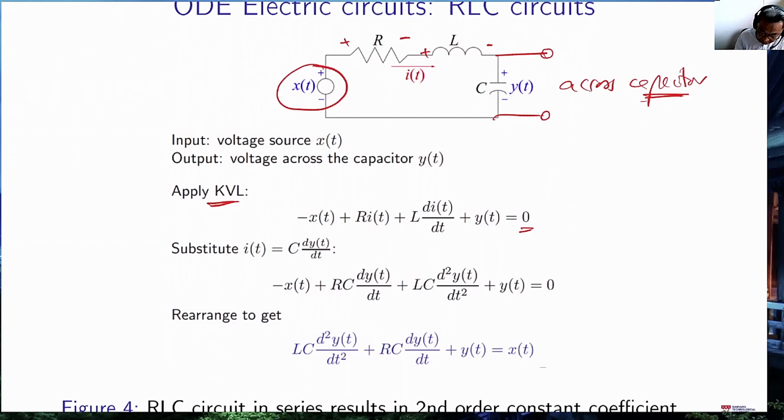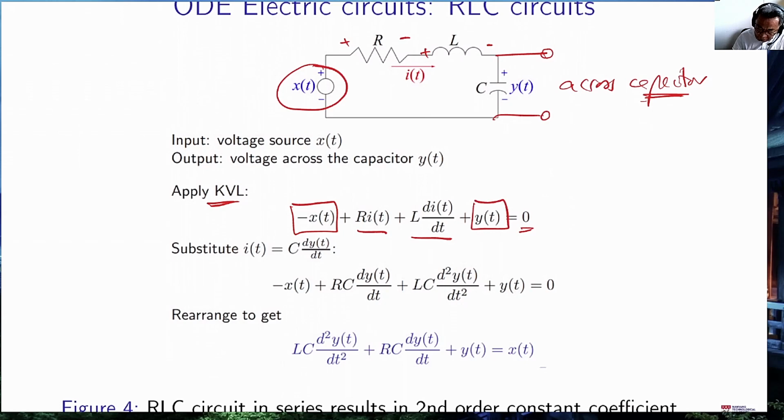We are saying that the voltage source, we put it as minus, because if we want to, we can put it on the right hand side, as the voltage drop equal to x(t). So we have the voltage source, the voltage drop across the resistor first, the voltage drop across the inductor, which is L di/dt, and y(t).